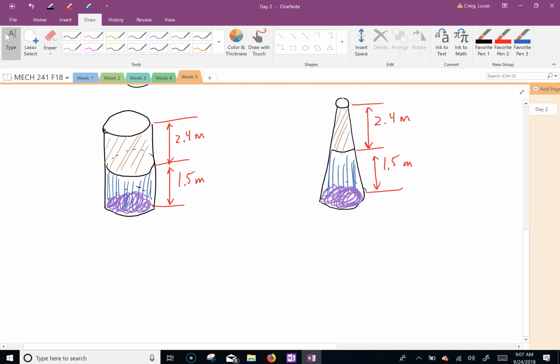Now the scaling might be off, but for each different shape, one's like a cylinder, one's like a pyramid, the amount of oil, which is the brown up top, is 2.4 millimeters. And halfway down to the bottom is water, which is 1.5 millimeters.